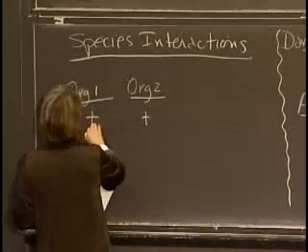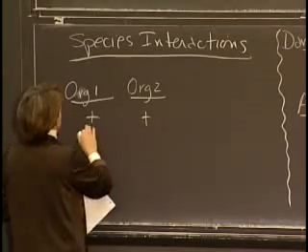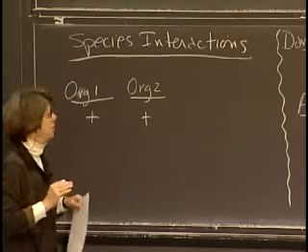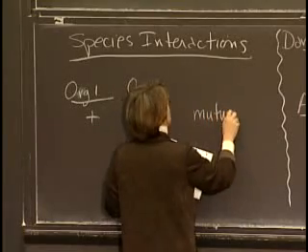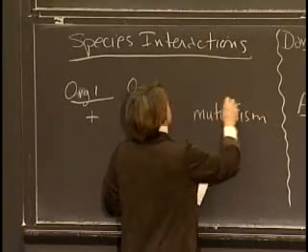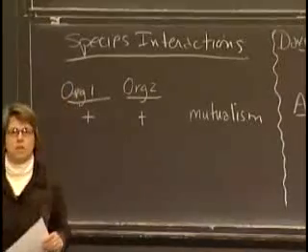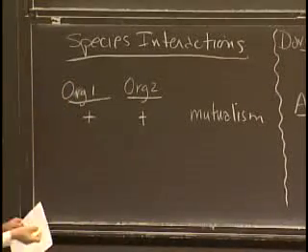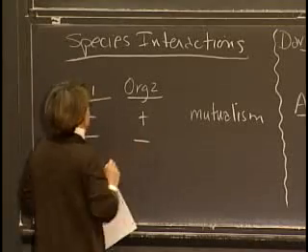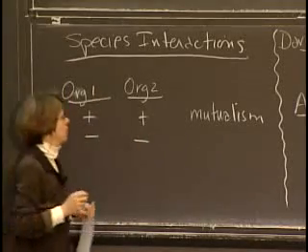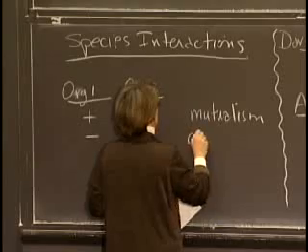If the fitness of both organisms is increased by being in the presence of the other, that's called mutualism. Being together increases the fitness of both relative to when they're alone. If being together decreases the fitness of both, that's called competition.